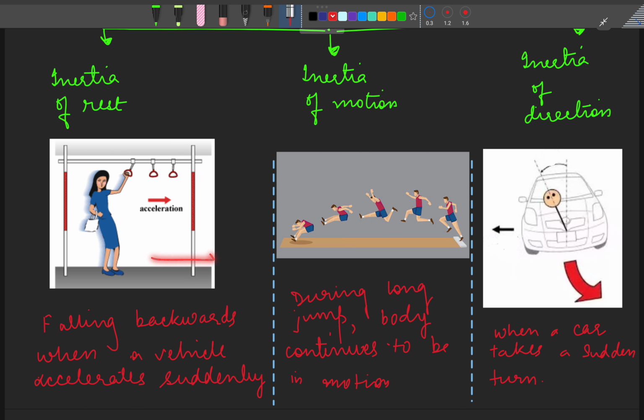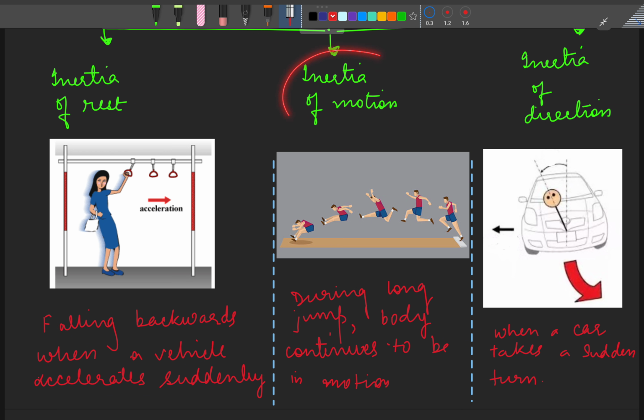But as the metro accelerates, her feet, attached to the metro, come into motion, but the rest of the body exhibits resistance to change because it is still at rest. That's why the lady tends to fall backwards, and that is called inertia of rest. A body at rest will continue to be at rest unless something externally applies a force on it and tries to change its state of motion.